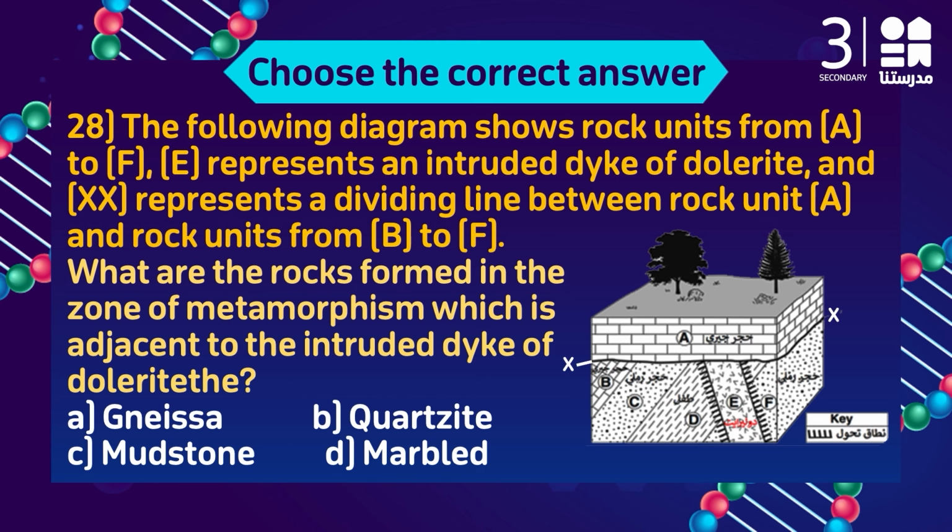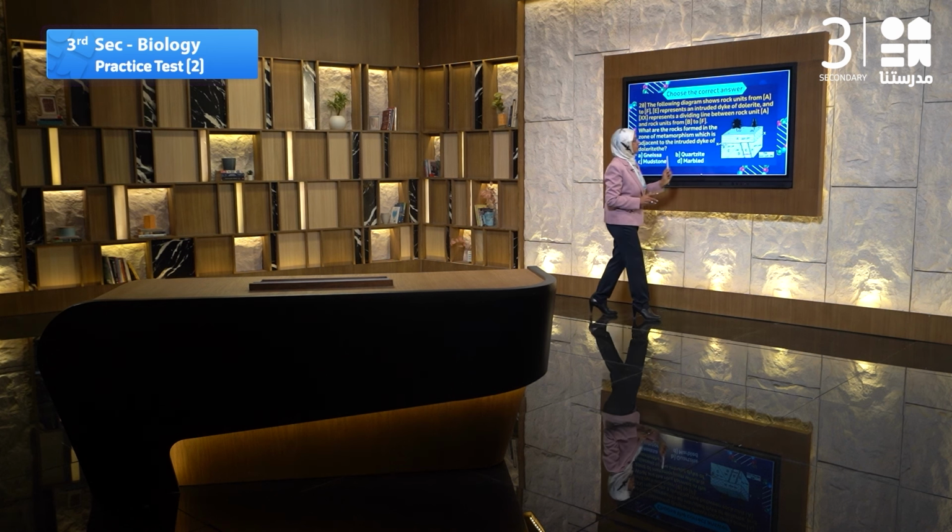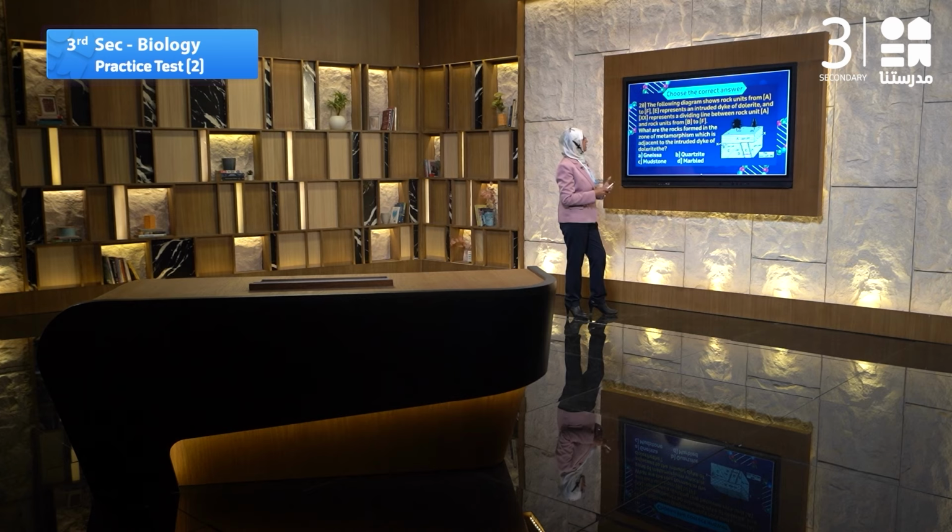The following diagram shows rock units from A to F. One line represents an intruded dike of dolerite, and another represents the dividing line between rock unit A and rock units B to F. So what is the question here?